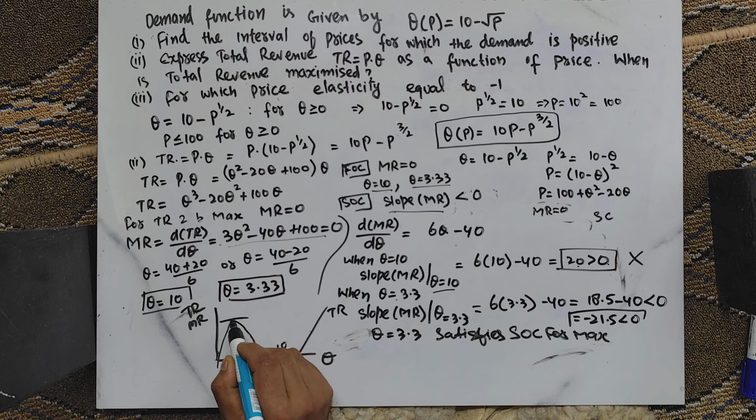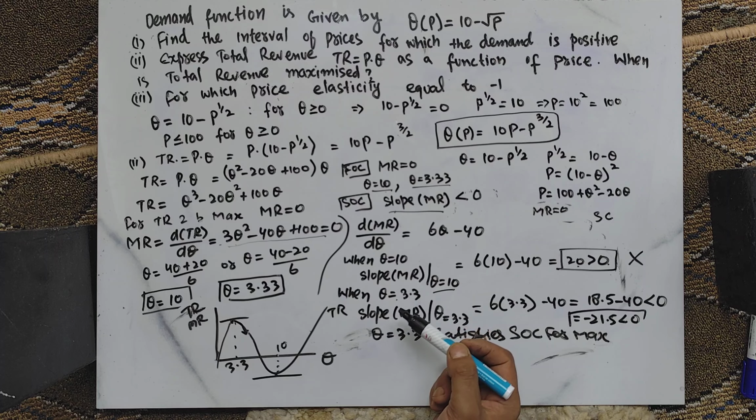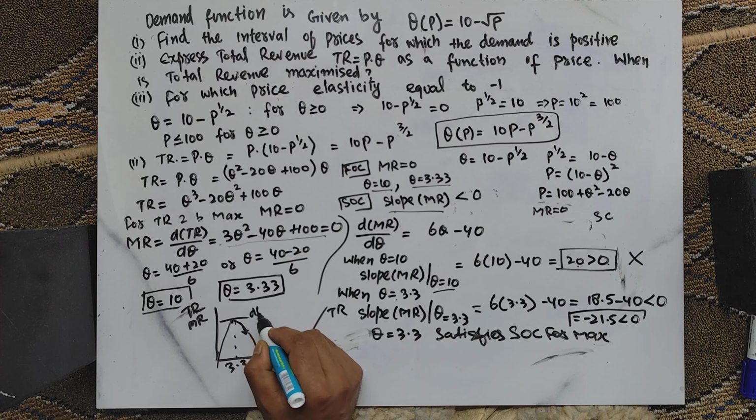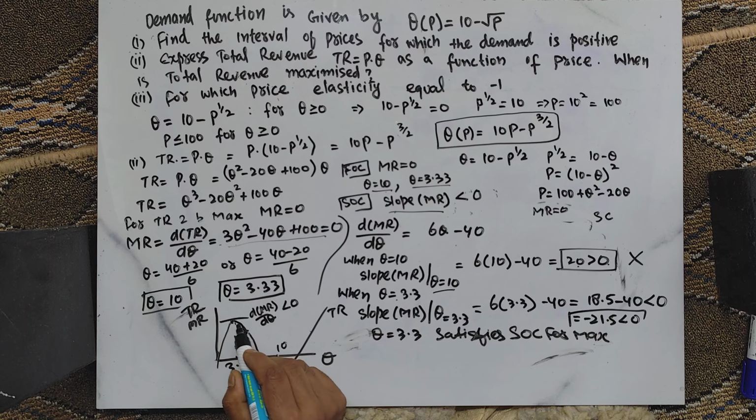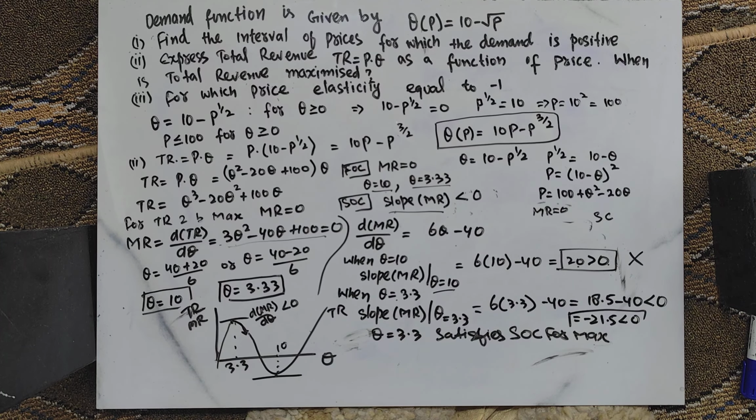That means at this point the slope should be negative, and we found that the slope of the marginal revenue function with respect to output should be less than 0. So it occurs when q is equal to 3.3. At output 10 we got a minimum point for total revenue. So total revenue will be maximized when the output level is 3.3.